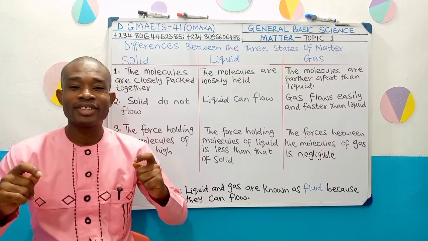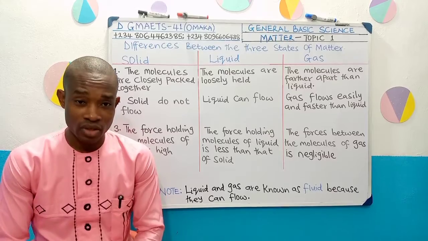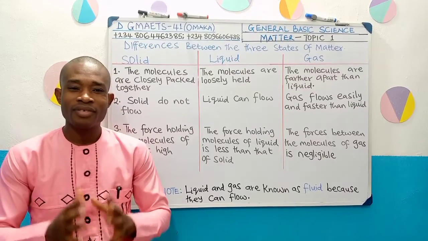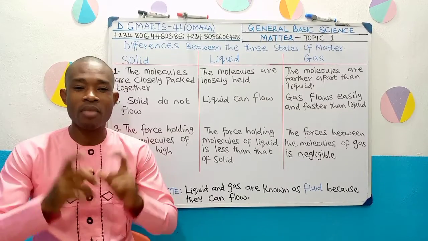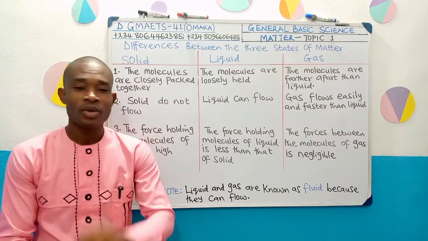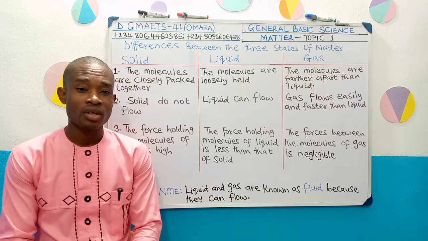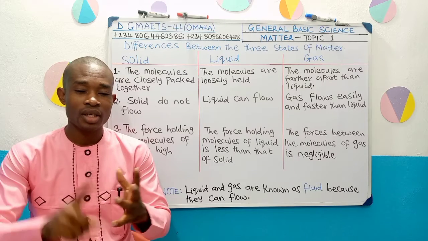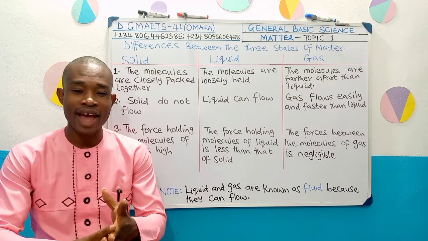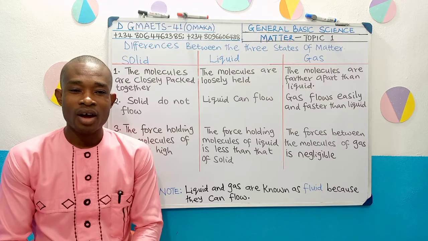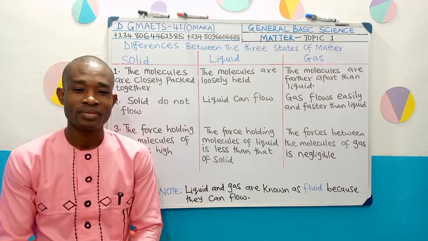Okay, now let us look at the differences between the three states of matter. Remember, we've already learned that the three states of matter are solid, liquid, and gas. So what are their differences?